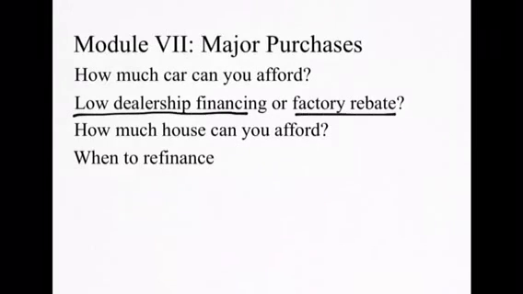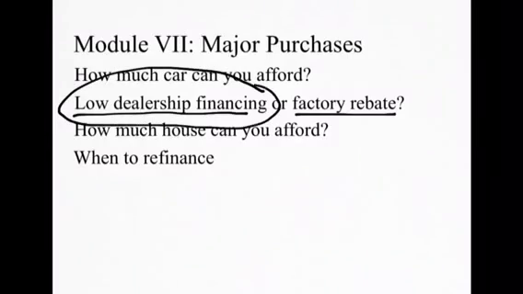If you go to the discussion board and look at the forum entitled Quiz 2, you will see there a sample problem illustrating the process of determining the low dealership financing or the factory rebate. The key is to compute the effective APR of the low dealership financing. Now, the dealership will give you the appropriate and true APR that is required by the Truth in Lending Law.